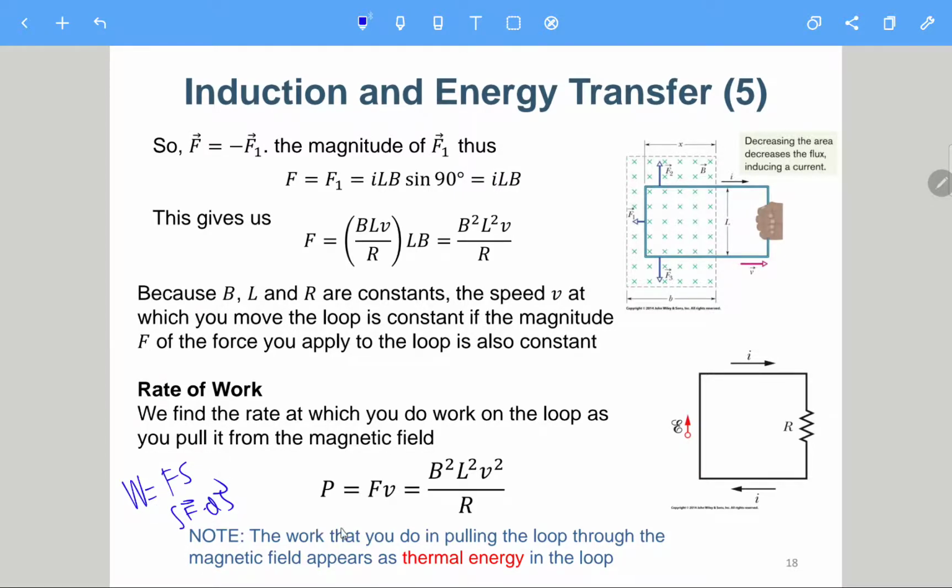So power is the derivative of work, P is dW/dt, so we have ds/dt, which is v. So finally, the power is Fv. We multiply an additional v here, so that we have B square L square v square over R.